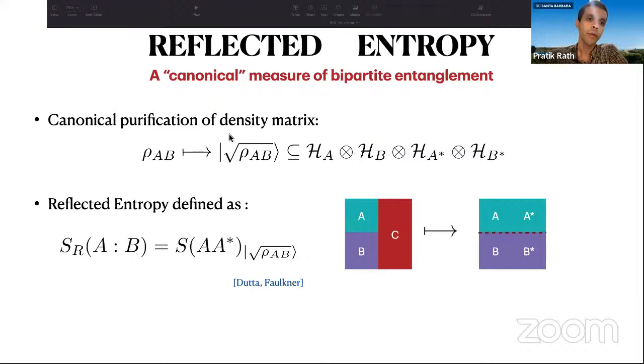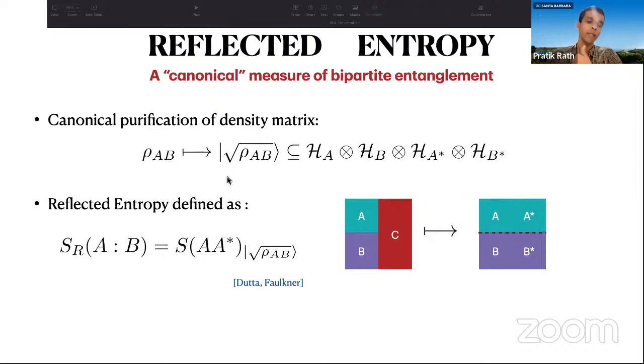The reflected entropy is defined by considering this canonical purification. So we start with the density matrix, which is in general a mixed density matrix on systems A and B. And we purify it in a very particular way. We consider the density matrix and take a square root of it. This gives us an operator that acts on the Hilbert space H_A tensor H_B.